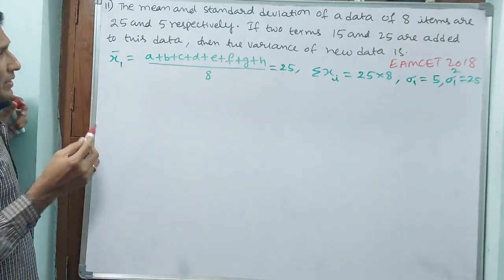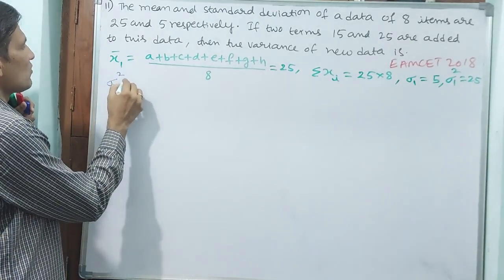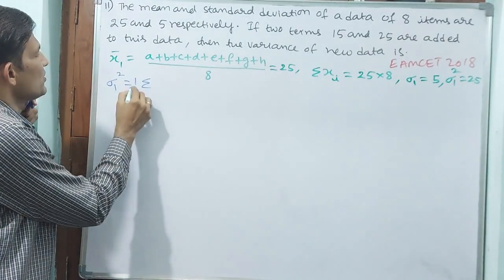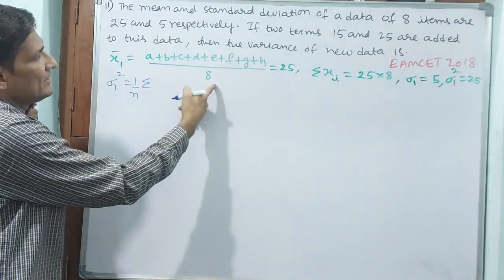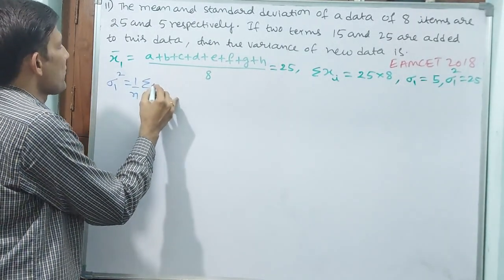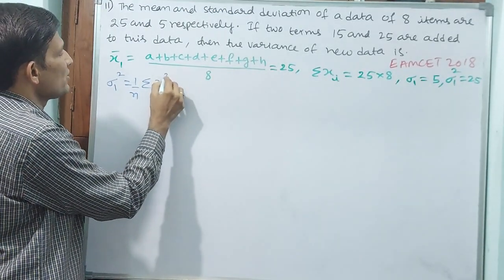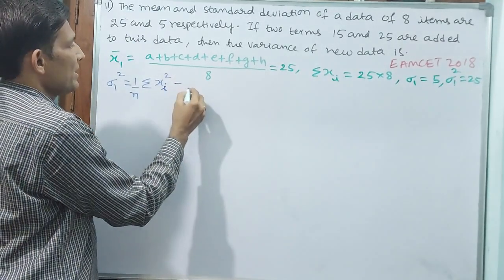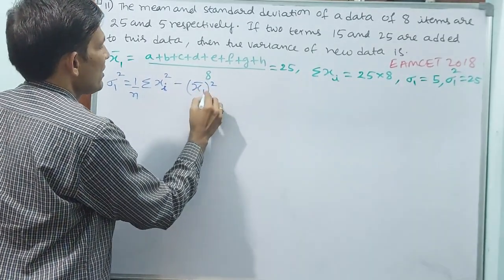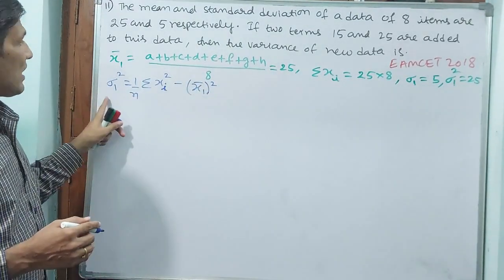Now see, variance sigma 1 square is equal to 1 by n, first you write, n is 8, so 1 by 8 into sigma xi square minus x1 bar whole square, the mean square. Because the mean you have got is 25 square. This value we know.